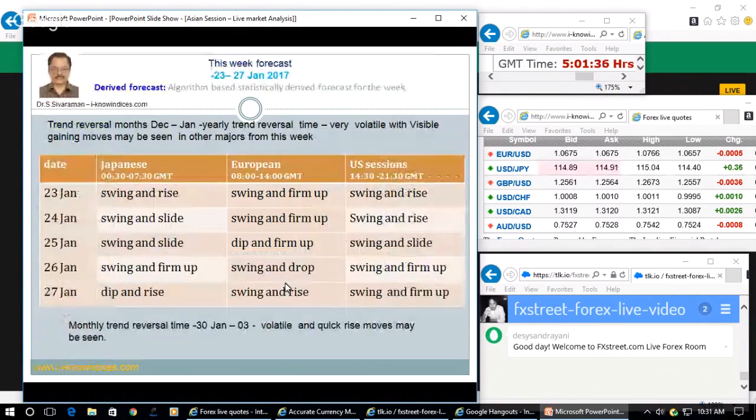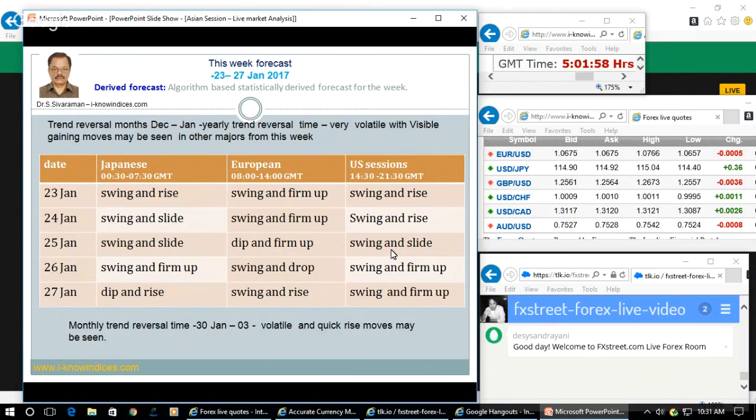Now with regard to the forecast I gave on Monday, Euro and GBP made gains, and they made substantial gains on Tuesday and also Wednesday in the case of GBP, more when compared to Euro.